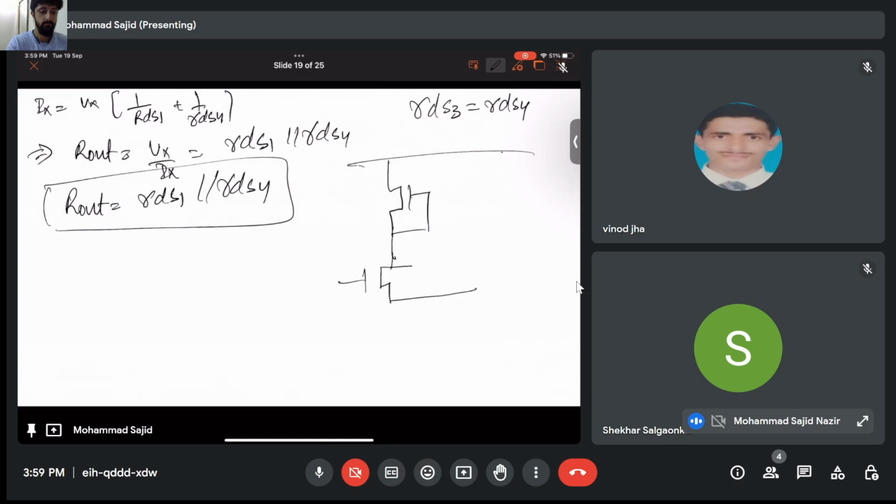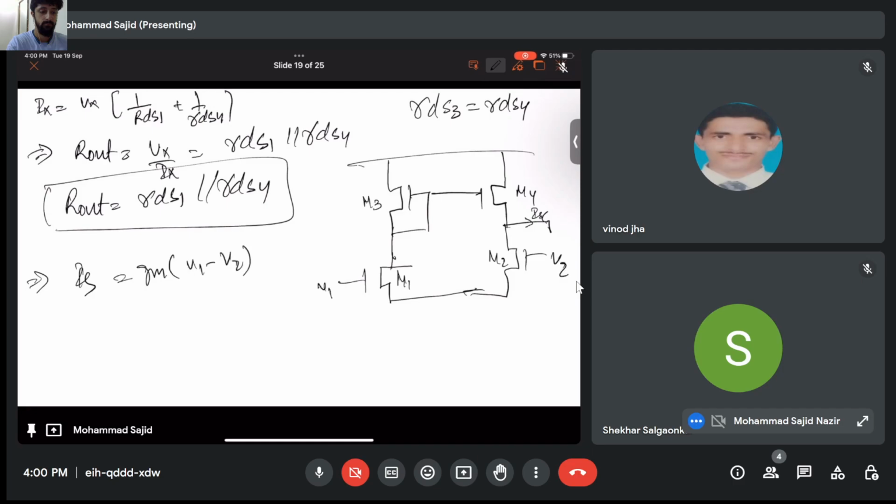Whenever you get a circuit like this, and if this is M1, M2, M3, M4, your ISC, that is your short circuit current here, is GM times V1 minus V2, and your R out is simply the parallel combination of 1 and 2.